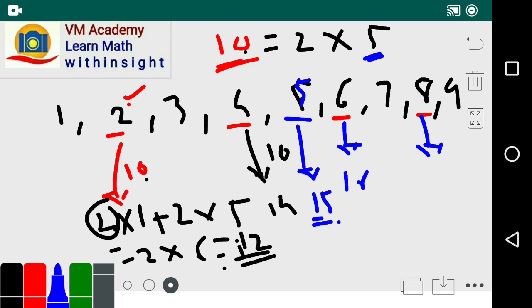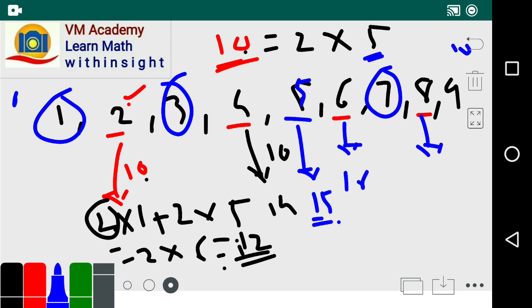A similar pattern follows, friends. That means from 0 to 10 there are just 4 numbers that are relatively prime to 10: 1, 3, 7 and 9, and all others are non-co-prime. When we add 10 to these relatively prime numbers, we again get relatively prime numbers, because they do not share any prime factor with 10.